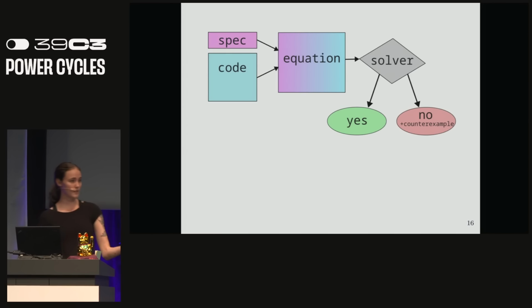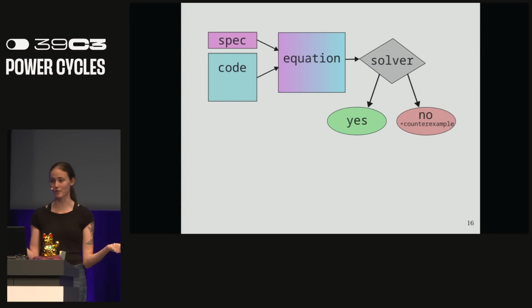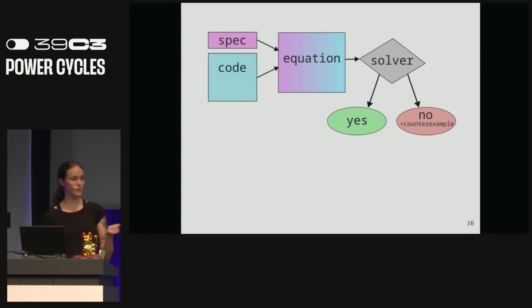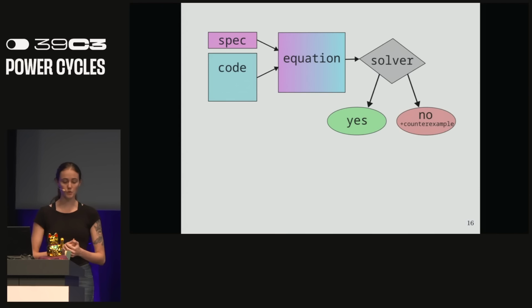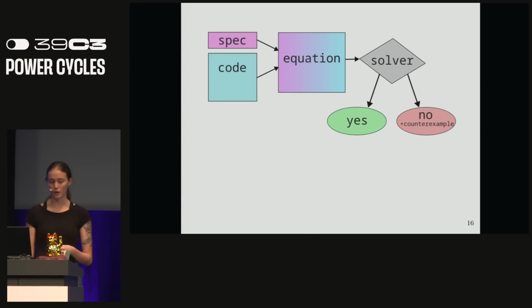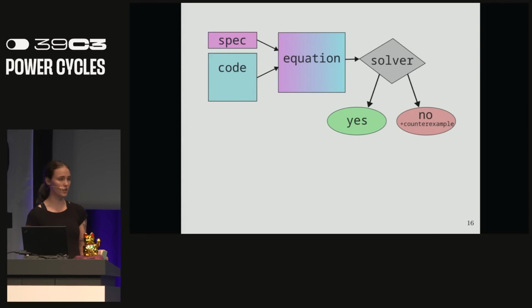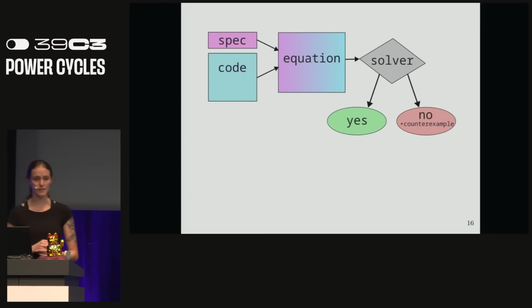It tries to solve one saying that your specification holds, and one saying that your specification does not hold. And depending on which one of those it solves, it either tells you, yes, your code's correct, or it tells you no. And most tools can actually translate the no into a counterexample. So they'll tell you not only that your specification doesn't hold, but that it doesn't hold when x is 0 and y is 1. So maybe take a closer look at that case.